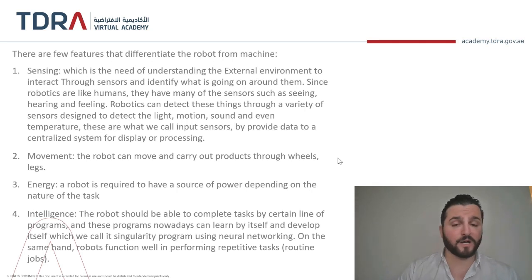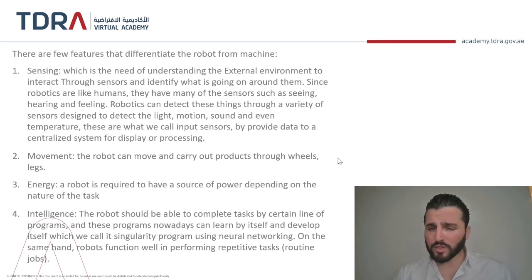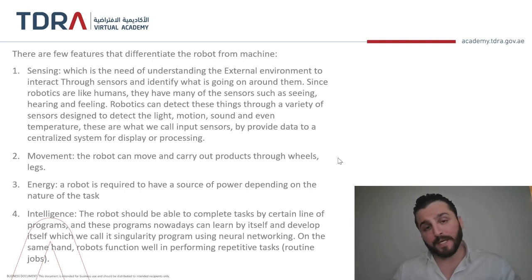The intelligence part is one of the most crucial parts in the robot. It's where we have a certain line of programs that will inform the robot how to act and react and how to develop the reaction with time. We call it artificial intelligence.